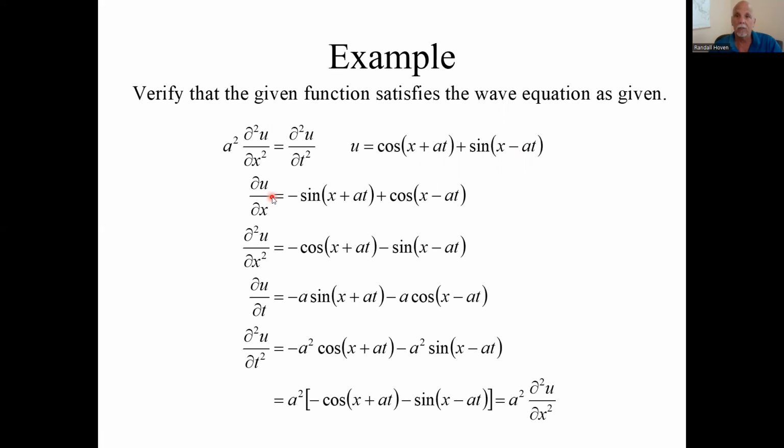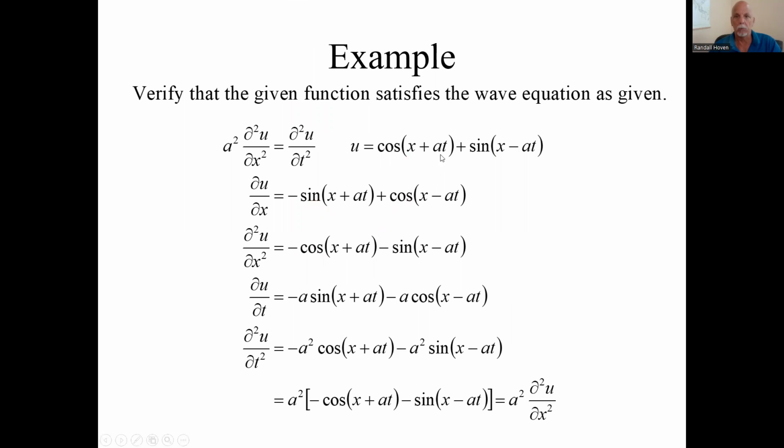Well, before you take the second derivative, you have to take the first. And there you just pretend t is a constant. This will be minus sine, and this will be plus cosine. And then to take the second derivative, you take the derivative of that. So it'll be minus cosine, minus sine.